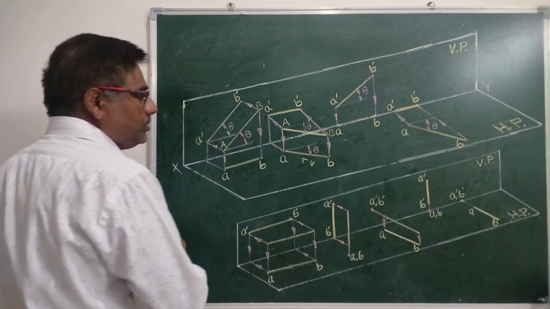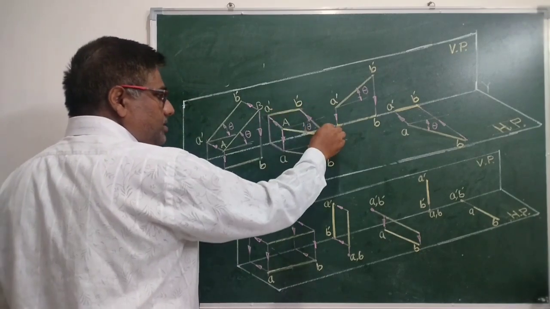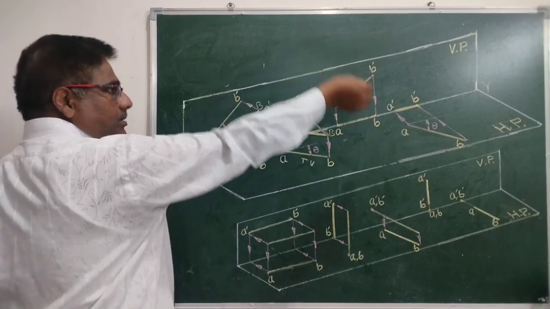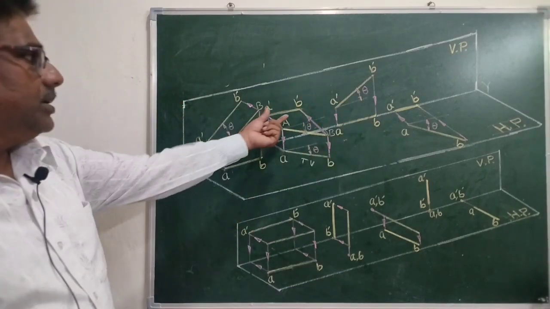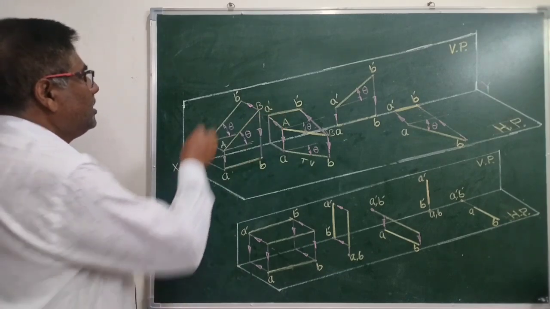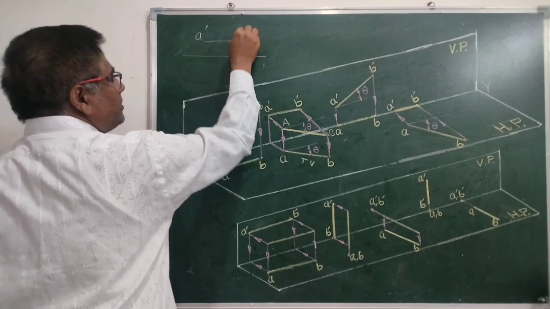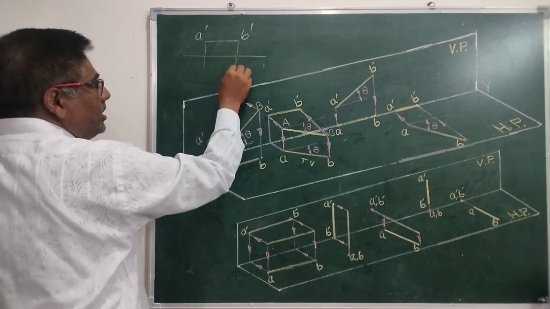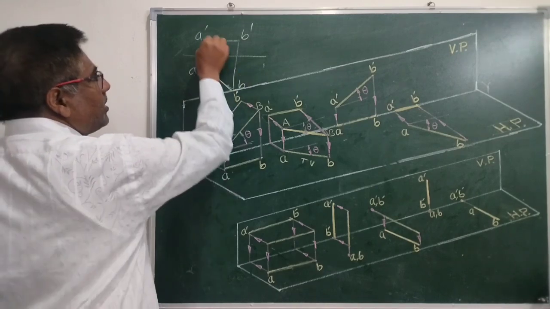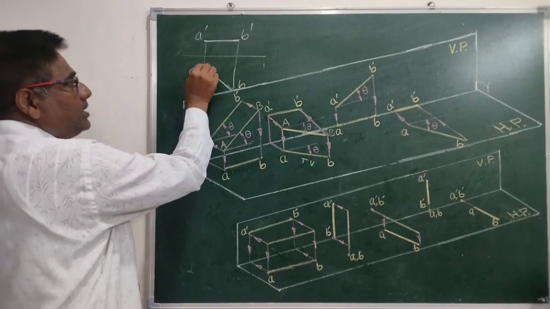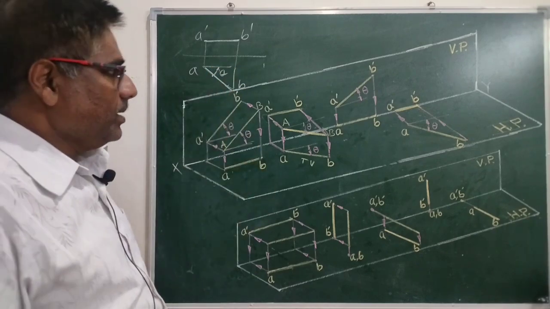To draw the front view, we are supposed to project endpoints on vertical plane. We will get its front view with apparent length. Front view is apparent length A dash B dash, and top view gives true length AB and inclination with VP. This is the inclination with VP.